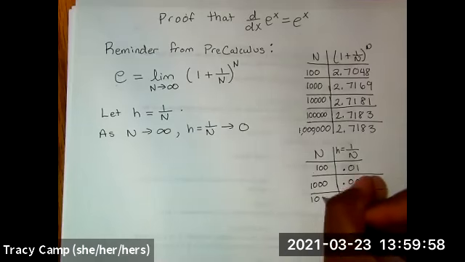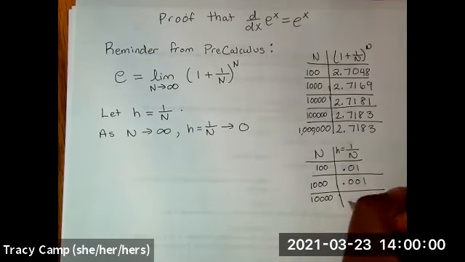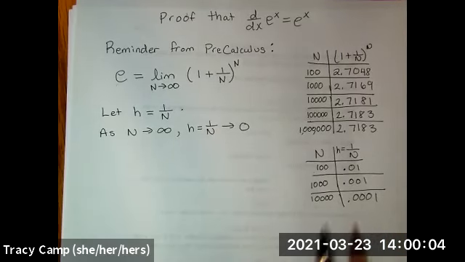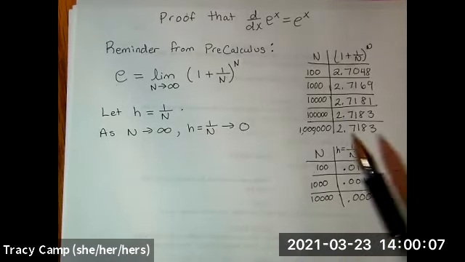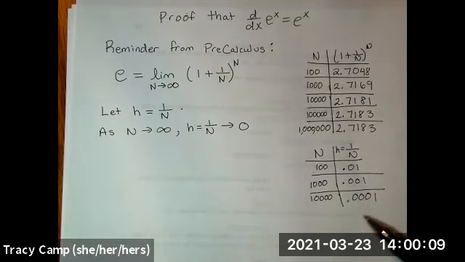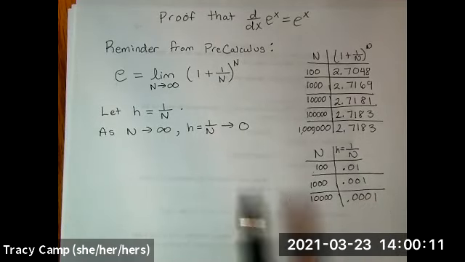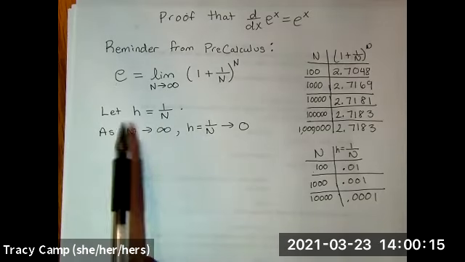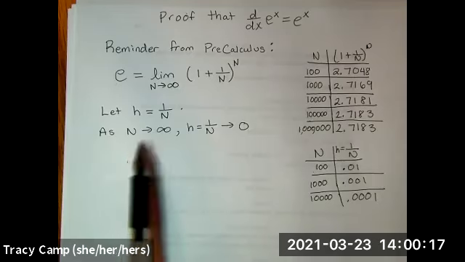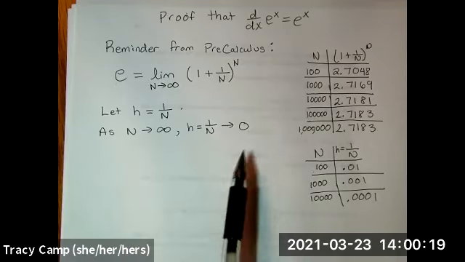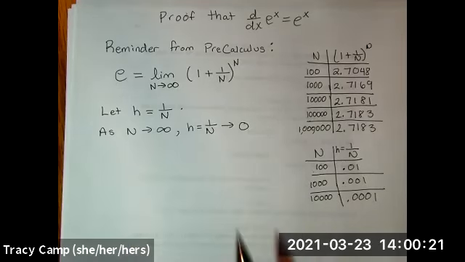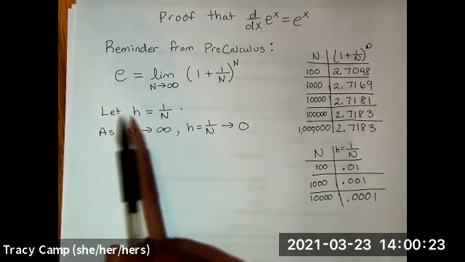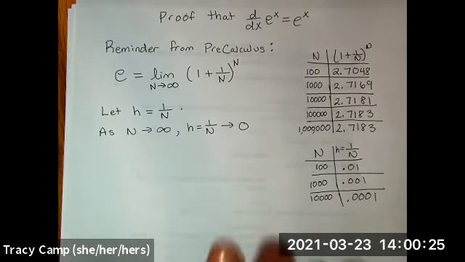If n is 10,000, 1 over n is 0.0001. You get the idea. The larger n gets, the smaller 1 over n gets. It just gets closer and closer to 0. So if I call 1 over n h, as n approaches infinity, h is approaching 0.